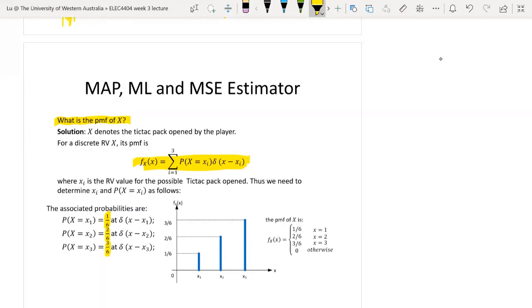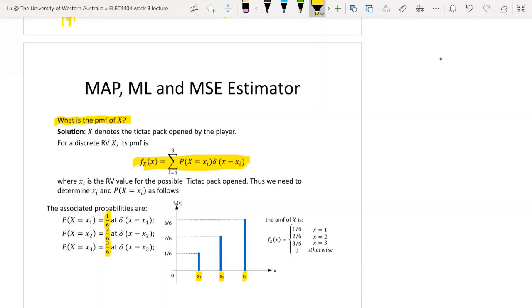Now let's just plot this out. In this 2-dimensional graph, the horizontal axis is the possible values of the random variable x, and the vertical axis is the PMF value. We said x1 equal to 1 indicates the green pack of the tic-tac. x2 equal to 2 is the orange pack. And x3 is the mixed pack, which is equal to 3.